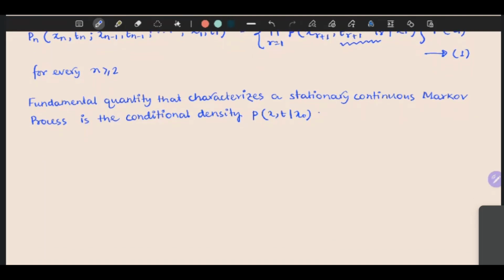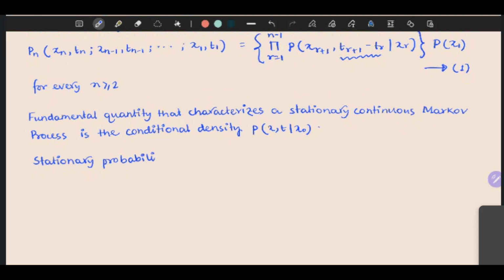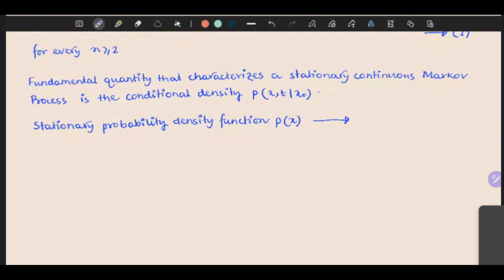So the stationary probability density function, let's say p of x, is expected to be related to this quantity: limit t tends to infinity of p of x t given x naught becomes p of x.